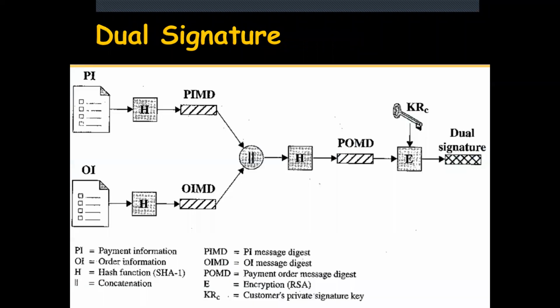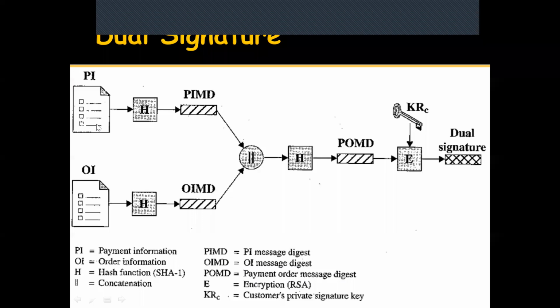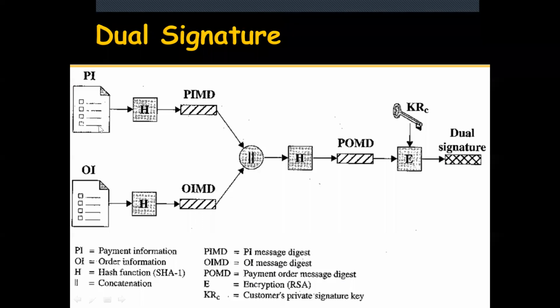So how does the dual signature work? This is the user side, the customer who is required to purchase something. At his side, this is going to happen. PI is the payment information, generated by the customer who wants to purchase. OI is the order information, also generated by the customer.